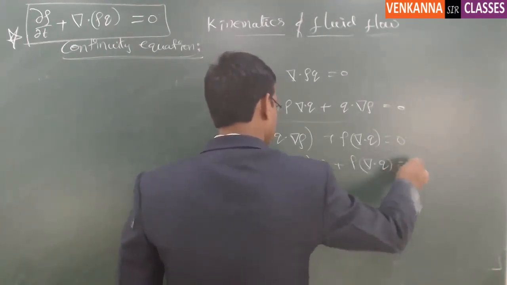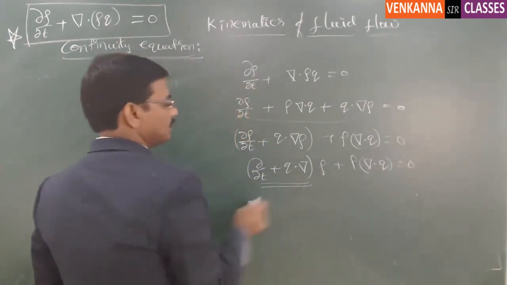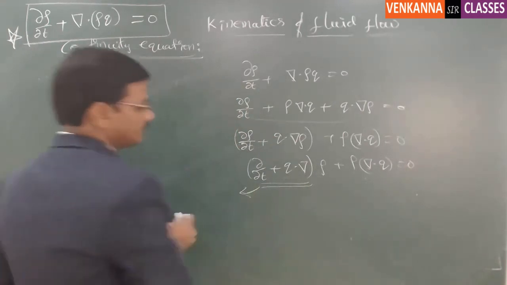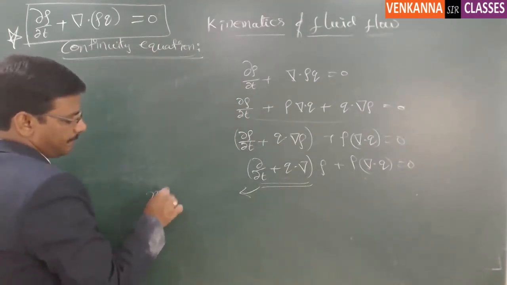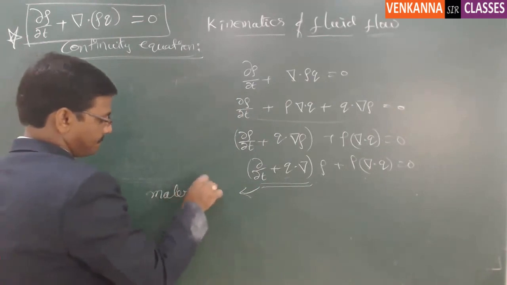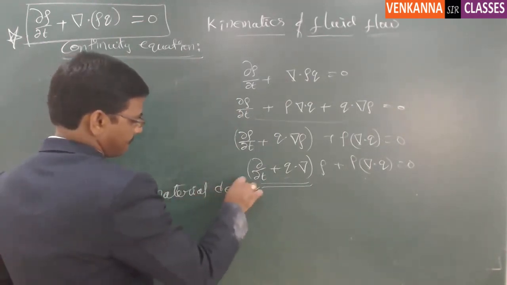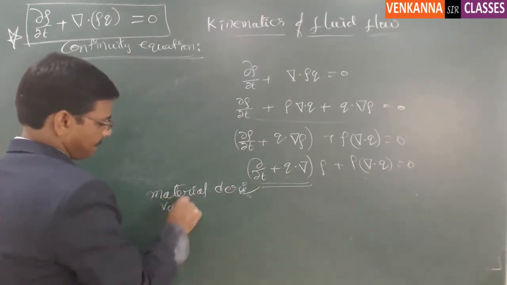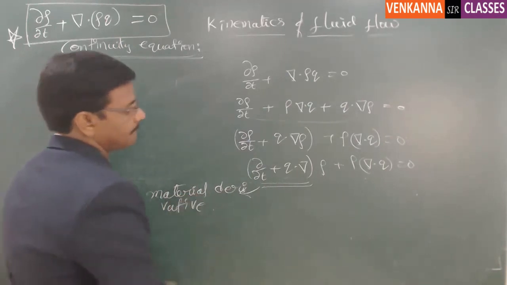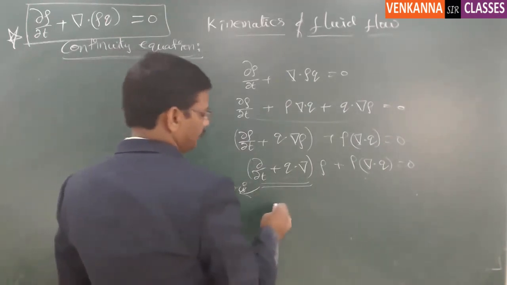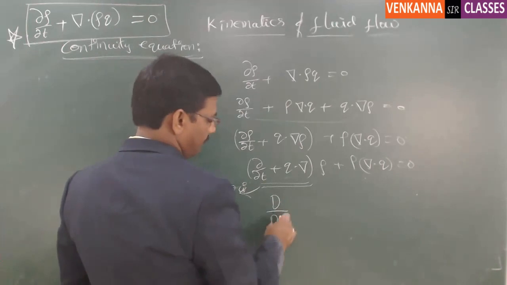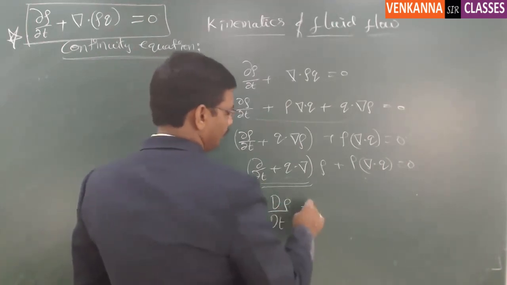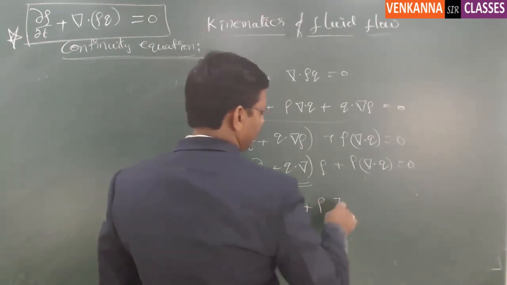Here, if you notice, this is nothing but the substantial derivative or the material derivative. So d by dt of rho plus rho times del dot q equal to 0.